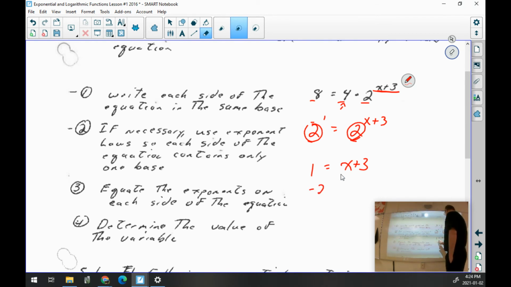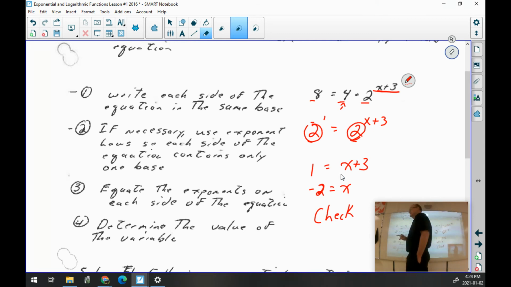Subtract 3 from both sides, and x is equal to -2. Let's just plug this back up into here. -2 plus 3, so that's 2 to the 1 times 4. Yes, that does equal 8. You must check your work, particularly in exponential equations.